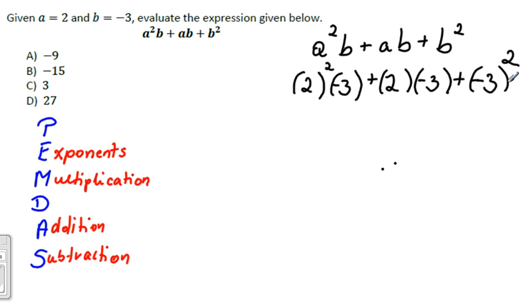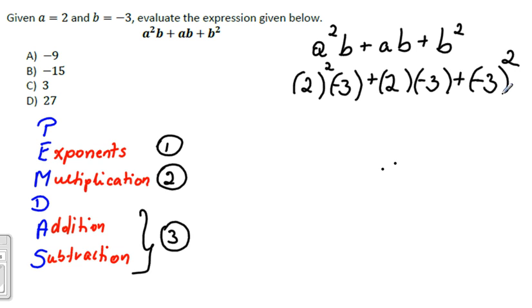And in our case, the only ones that we're going to end up using are the exponents, multiplication, and addition, subtraction. So let's label that. Exponents we're going to take care of first. Next, multiplication. And finally, when we're done with those two, we will take care of the addition and subtraction.